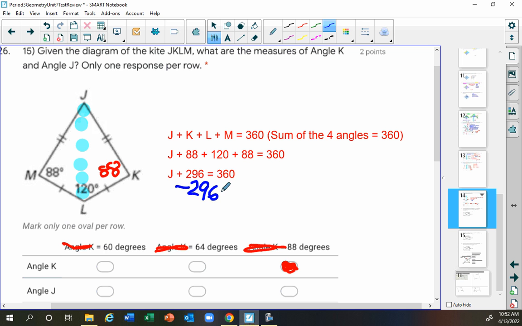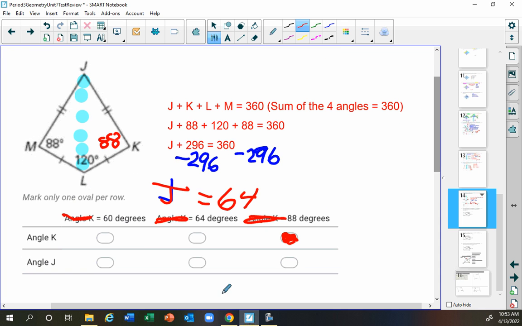And again, these are the things to think about. Oops, I should put J. So J is 64.